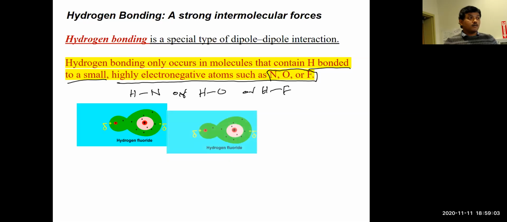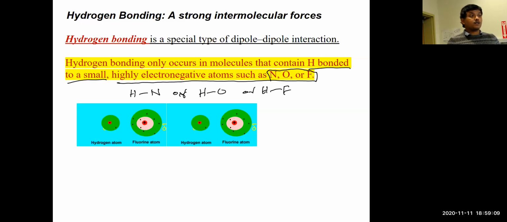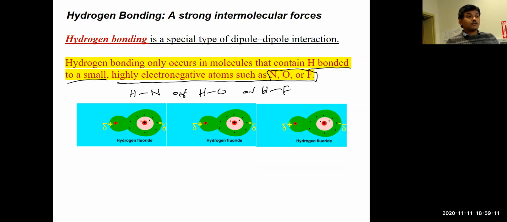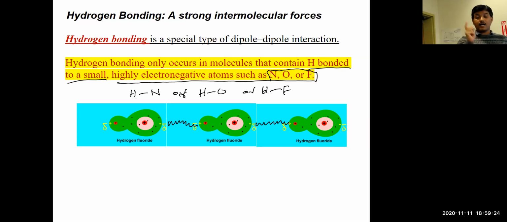As a result, the negative end of one molecule will attract the positive end of another molecule really strongly. It almost creates a semi-bond, and you write the hydrogen bond like that. It's that strong, and we call that in chemistry a hydrogen bond.